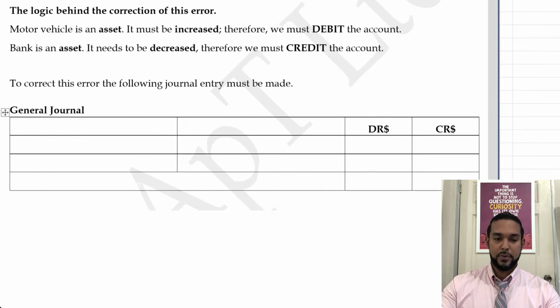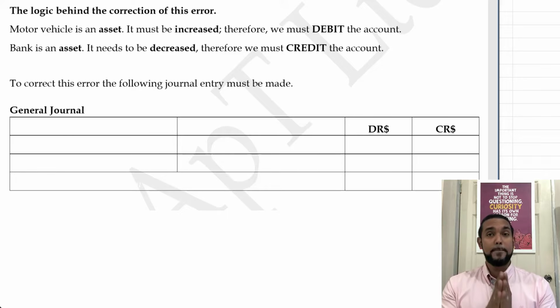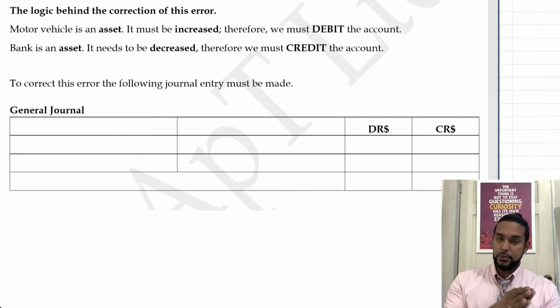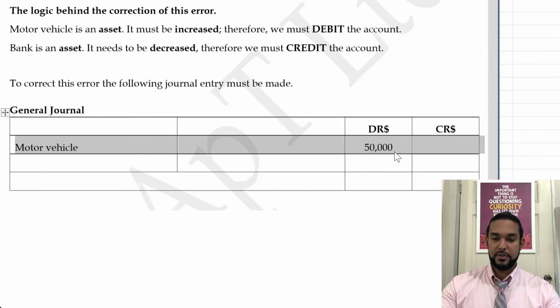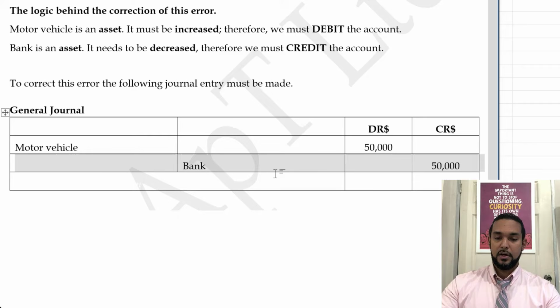So we're going to go here now and we're going to put that in. Now, when you are entering information in your general journal, there's a protocol to follow. The debit entry or entries must always come before the credit entry or entries. So here, we're going to put the motor vehicle and we're going to put the 50,000 figure under the debit column. And then, of course, we put our credit entry, and the credit goes to bank for the amount of $50,000.